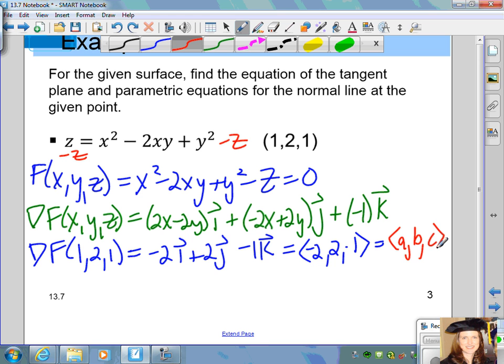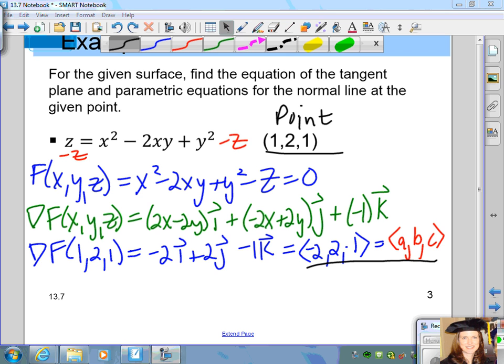So we're going to use now the normal vector and the given point. The point is going to be your x sub 0, y sub 0, and z sub 0. We're going to plug in those into the equation of a plane.